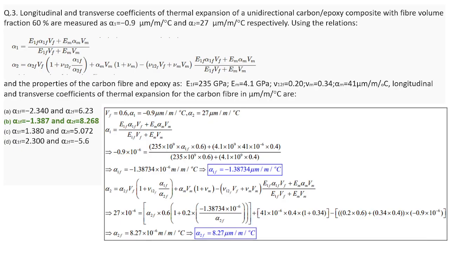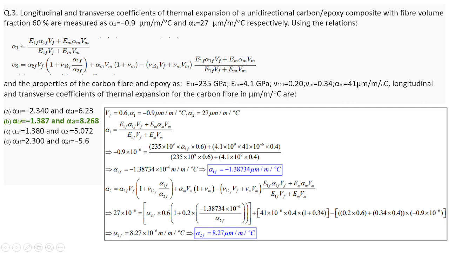Now the next question is, the longitudinal and transverse coefficients of thermal expansion of a unidirectional carbon epoxy composite with fiber volume fraction 60% are measured, and the values of alpha_1 and alpha_2 are given. Now we have to use the same equations to find the longitudinal and transverse coefficients of thermal expansion for the carbon fiber. It is just using the same equations, and we have to do the back calculation.